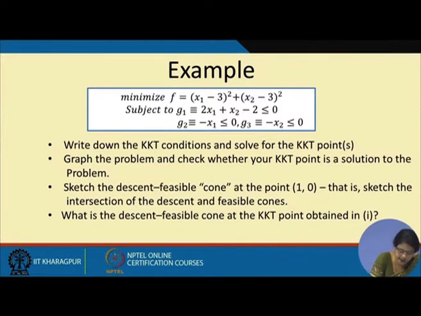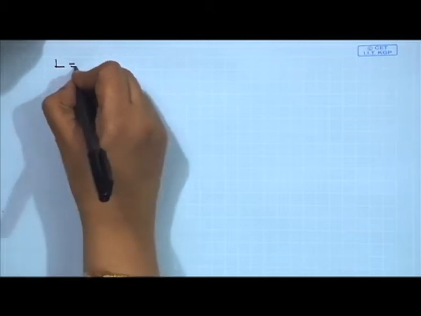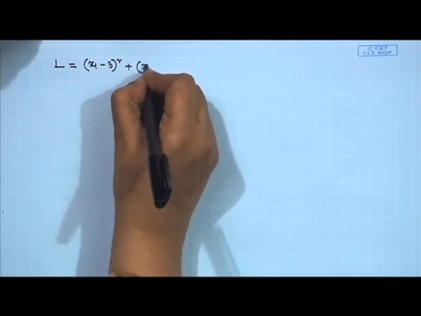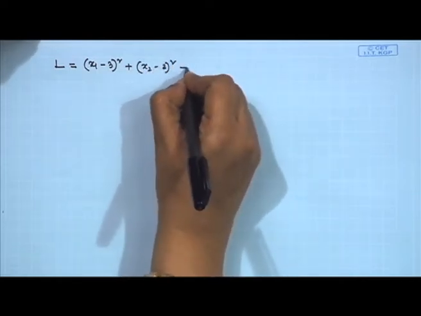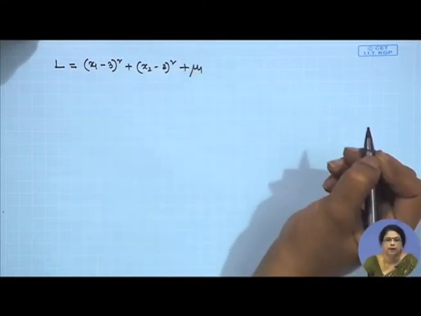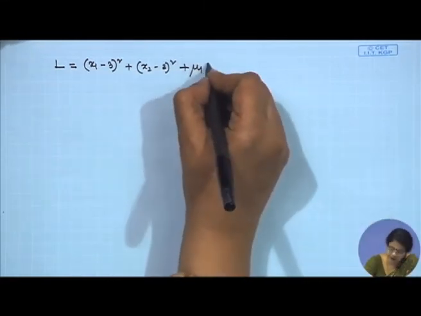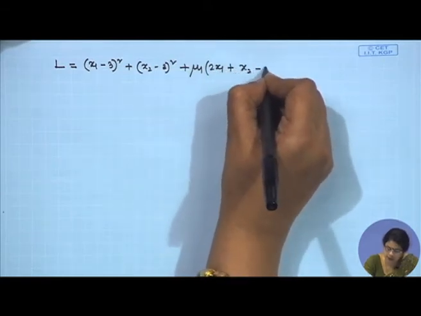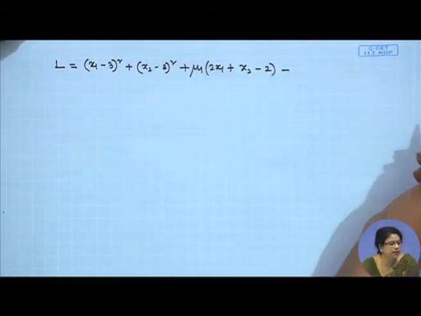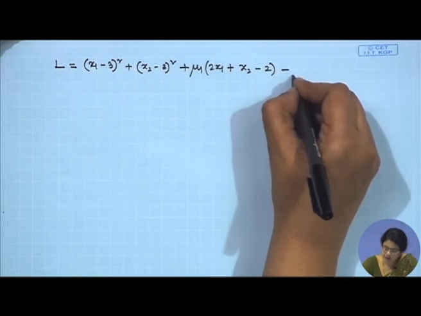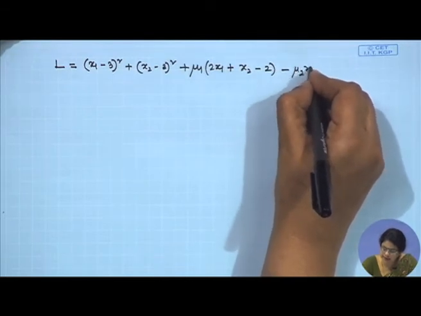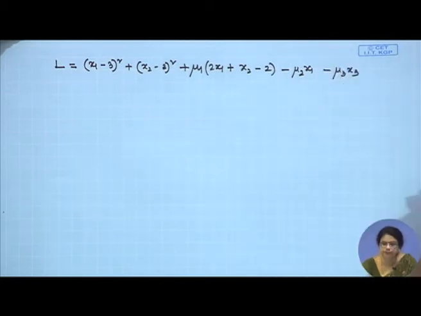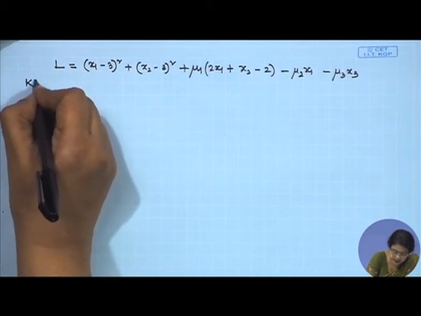Let me first formulate the Lagrange function L. L is equal to (x1 minus 3) whole square plus (x2 minus 3) whole square plus the first KKT multiplier mu 1 into (2x1 plus x2 minus 2), plus mu 2 into (minus x1), where mu 2 is the Lagrange multiplier, the KKT multiplier, minus mu 3 x2. Now, let us get the KKT conditions.